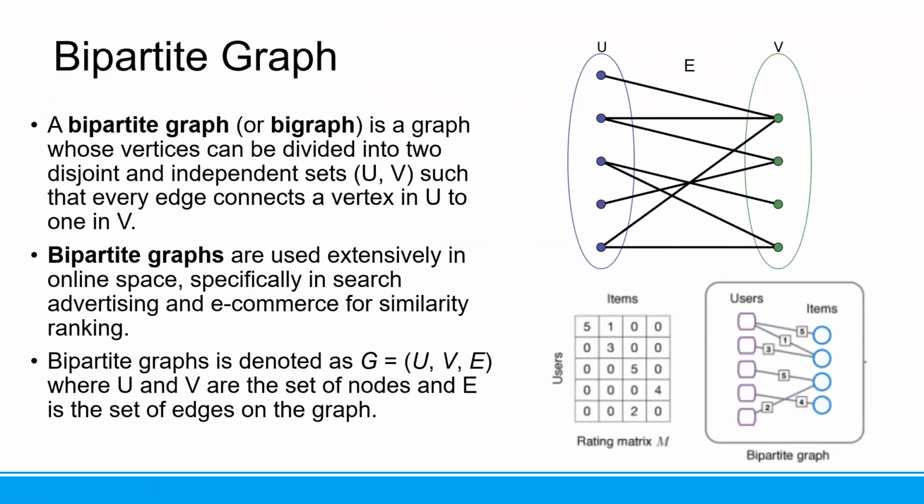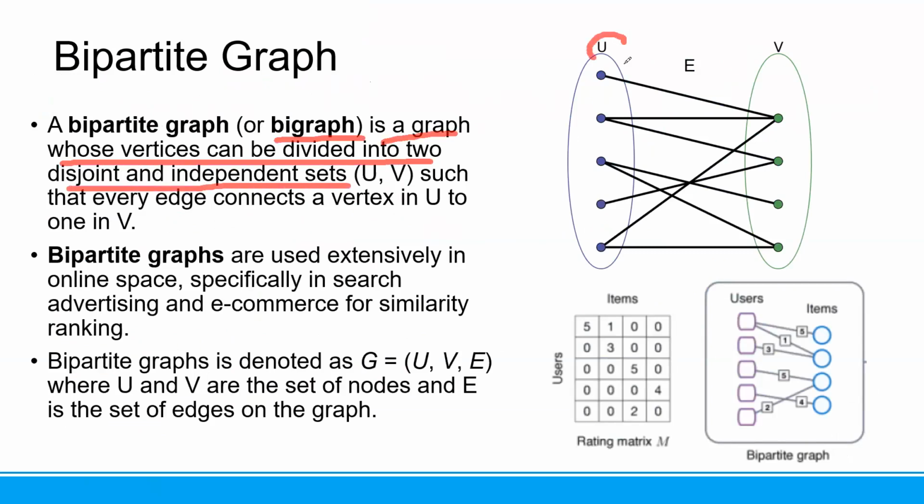We have another kind of graph, we call it bipartite graph. The bipartite graph, or bigraph, is a graph whose vertices can be divided into 2 disjoint and independent sets.